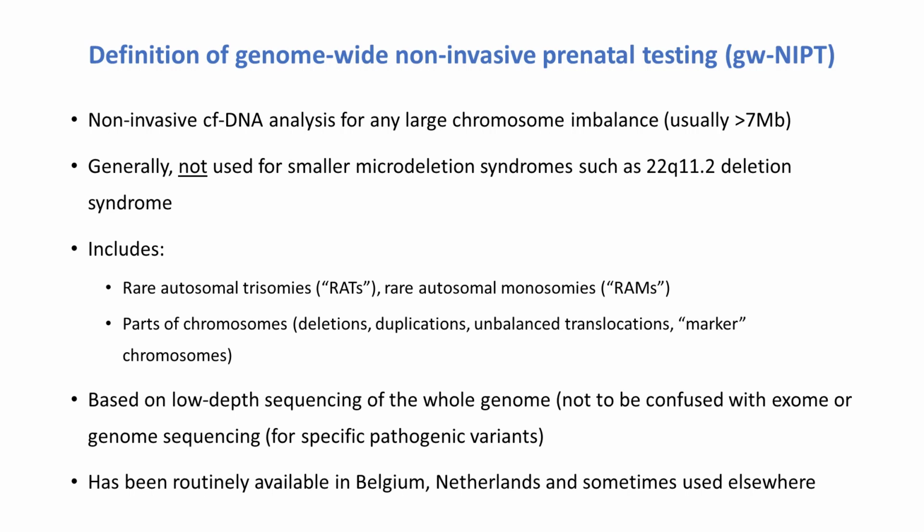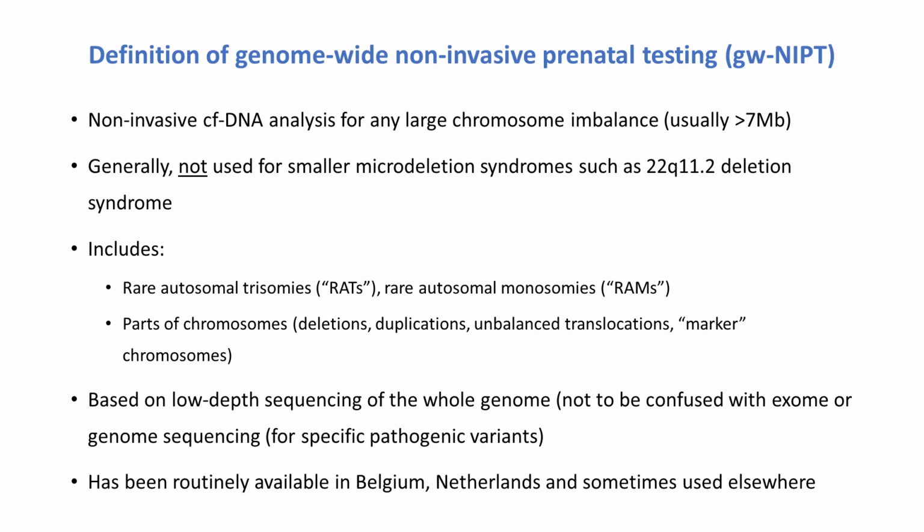It excludes most of the things that we detect with a chromosome microarray, which we refer to as a small copy number variant, a microdeletion, or a microduplication. It also excludes many of the very specific microdeletion syndromes, such as 22q11.2 deletion, which typically are substantially smaller than 7 megabases.